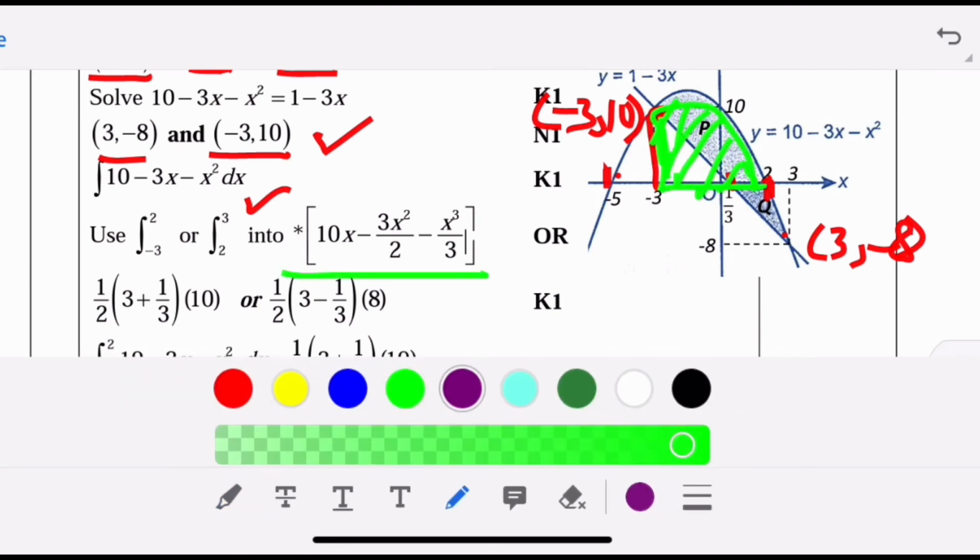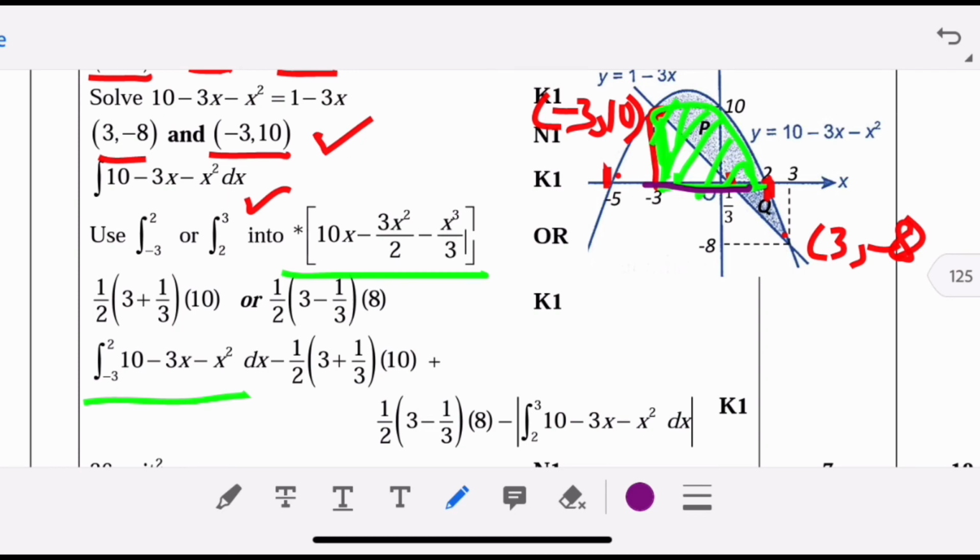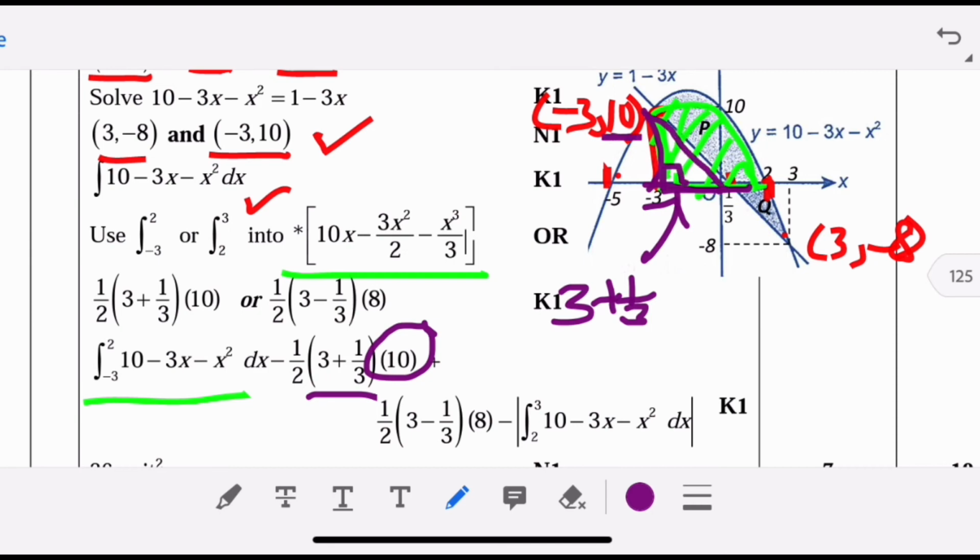The triangle is here. The base is 3 plus 1/3, and the height is 10. Follow the point here, and you will get the triangle in purple color. Because we just want the shaded region, we need to minus out.